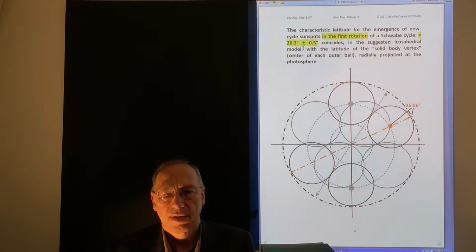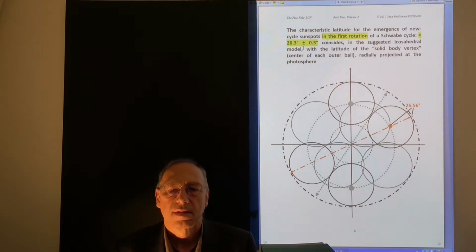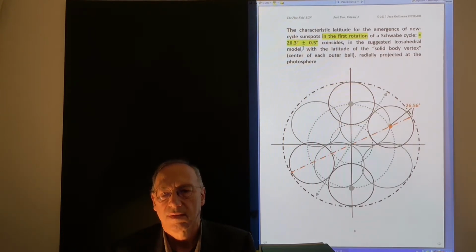This is the latitude of the center radially projected at the surface of the circumscribing sphere, which in the case of the Sun would be the photosphere.